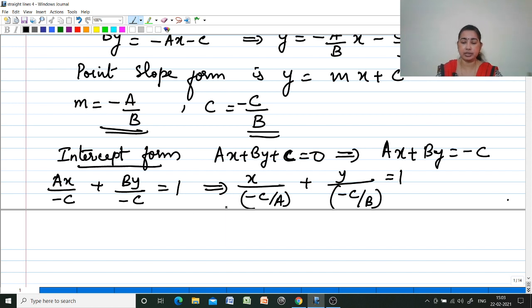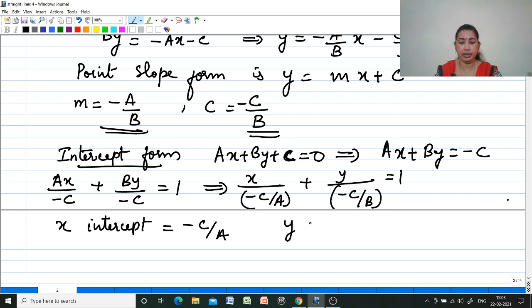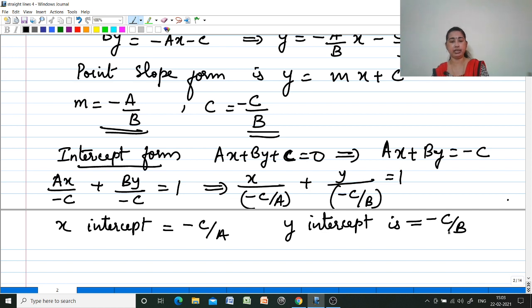So we can say that the x-intercept is minus c by a and the y-intercept is minus c by b. So if the general form of the equation is given, then also we can find the x-intercept and y-intercept: the x-intercept is minus c by a and the y-intercept is minus c by b.